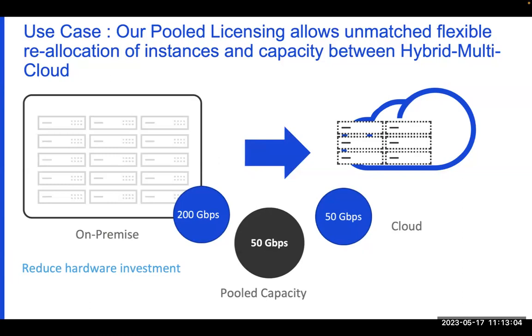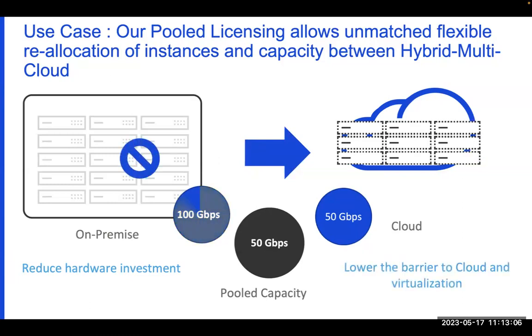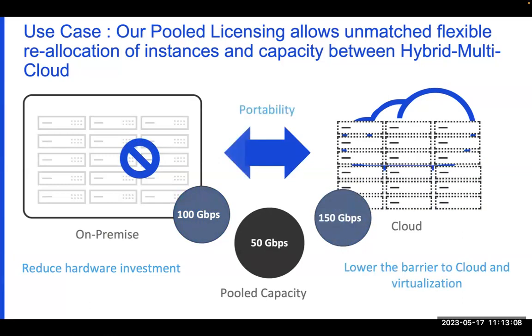This kind of use case is very powerful because the customers can then allocate and free up the capacity, as well as virtual instance licenses that they own in the pool, and just push it to the cloud, reducing the on-prem workloads or throughput capacity consumption and reshifting the consumption to the cloud. So this is a very, very powerful use case.